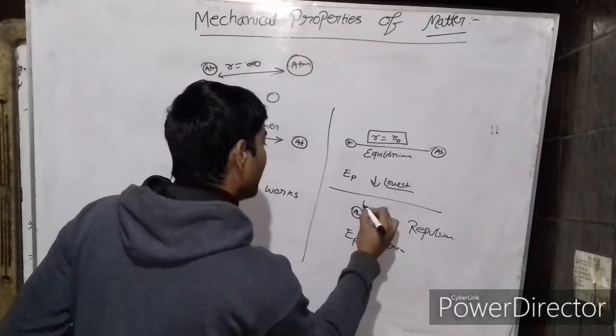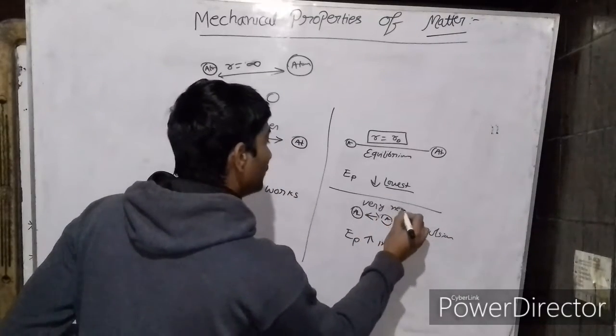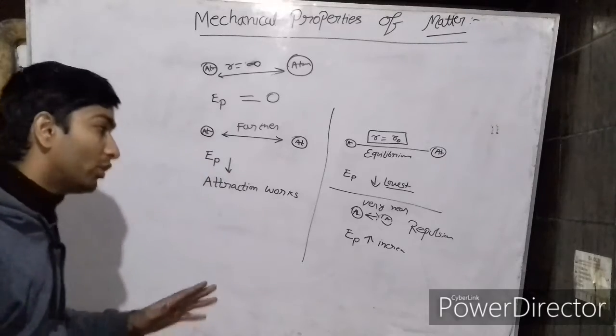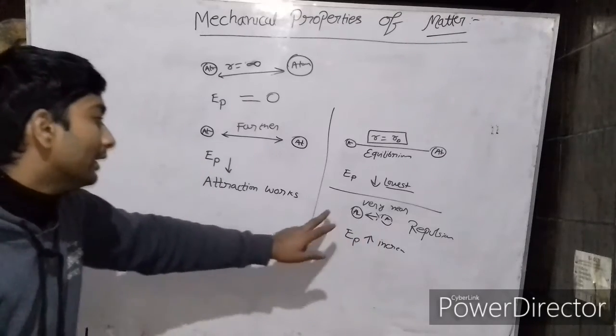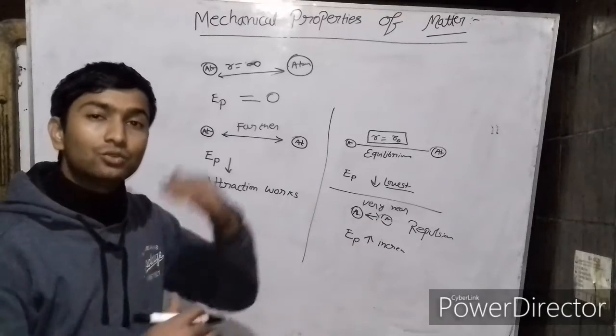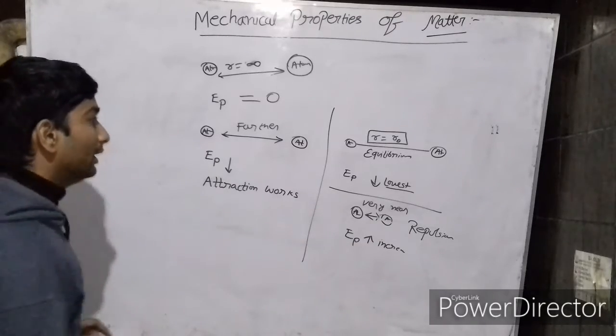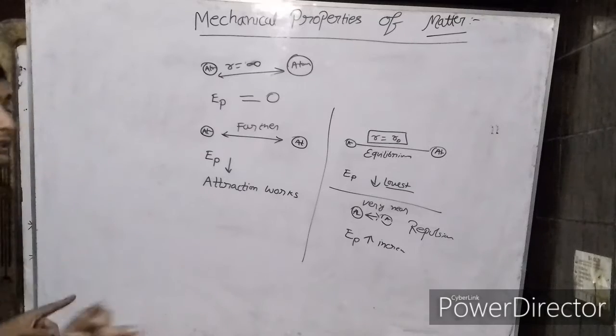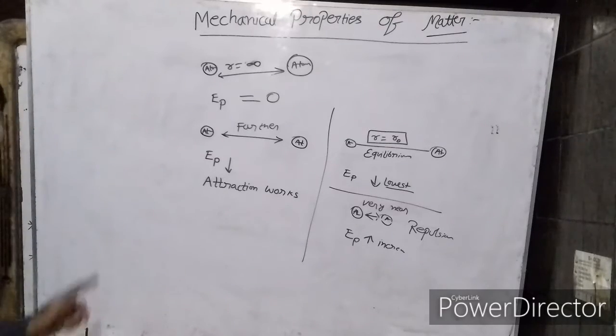So when two atoms or molecules are brought very near to each other, repulsion acts, and the potential energy starts to increase drastically. So you know the equilibrium state of matter here.